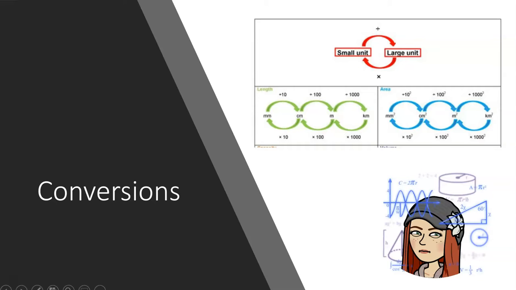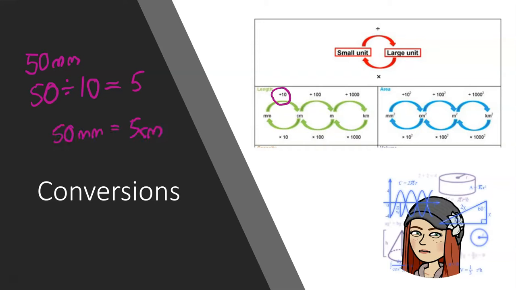So you'll see on the diagram here, if we're converting from a small unit to a large unit, we need to divide by the value above there. For example, if we've got 50 millimetres and we want to get that to centimetres, we need to divide that 50 by 10. 50 divided by 10 is 5, so 50 millimetres is the equivalent to 5 centimetres.